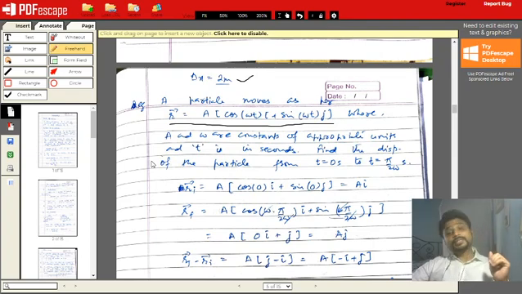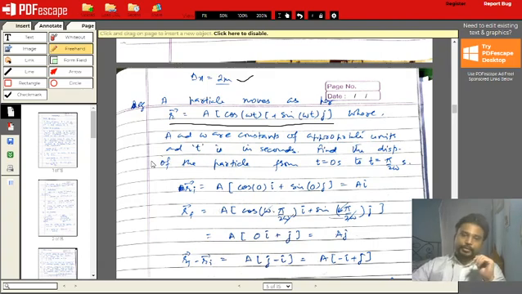So we get cos omega into pi by 2 omega i cap plus sin omega into pi by 2 omega j cap. What we have done is put the value of t where the variable is, and then we are going to solve it further.